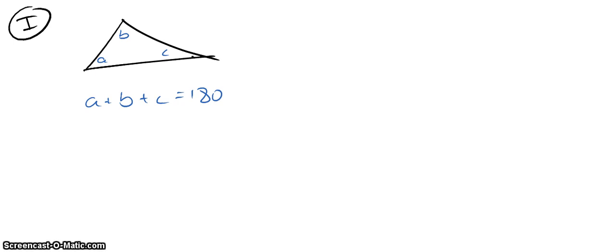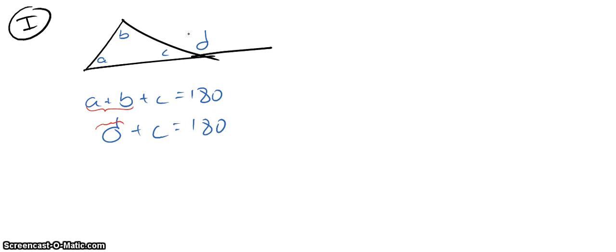Now let's see something else. If I extend this line and create another angle, let's call this angle D. What do we know about the sum of D and C? Well, they're on the same line, so that's 180. And from that you can see that A plus B are the same as D because they both add up with the C to 180.